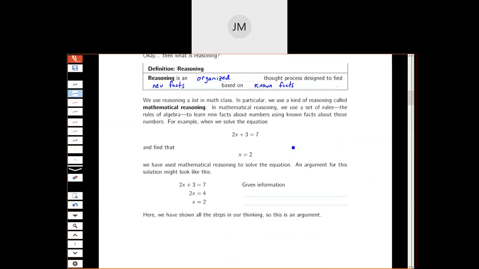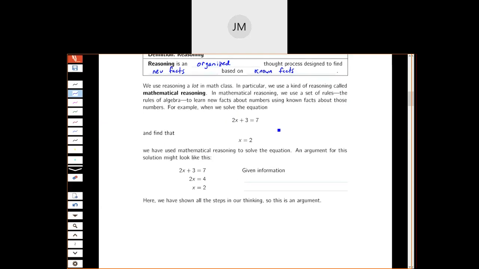Suppose I want to solve the equation 2x plus 3 equals 7. And maybe you can look at this and know the answer is that x equals 2. But the process of reasoning towards that answer, arguing for why that is the answer for x, we could set up an argument like this. We start with our given information, 2x plus 3 equals 7. That was the equation that we were given. Then I apply some of my rules of algebra.